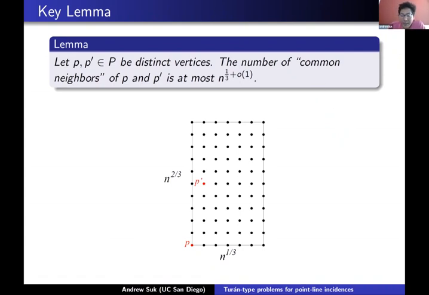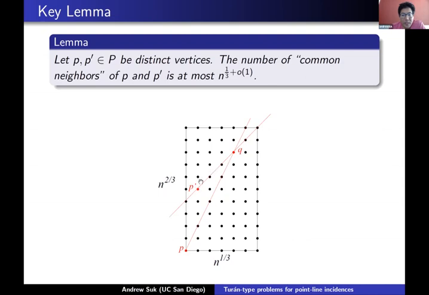What I mean by that is that there are very few other grid points Q with the property that there's a line going through P prime and Q from my line set, and another line from my line set going through P and Q. In other words, there are very few other points Q with the property that this slope is an integer, and also this slope here is an integer.